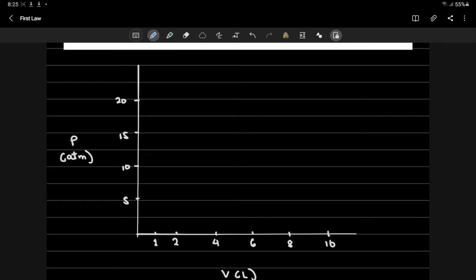Somewhere here is our 2 atmospheres, and then the volume is 10 liters. Okay, so therefore around here is our initial condition.